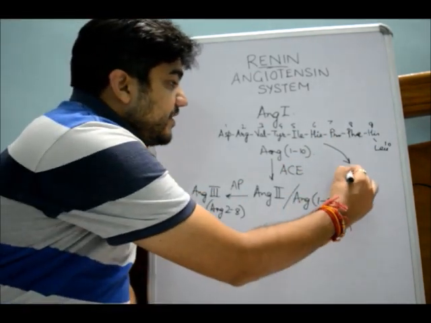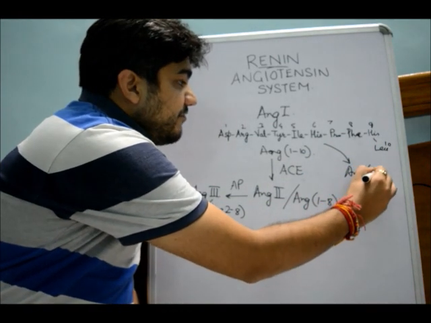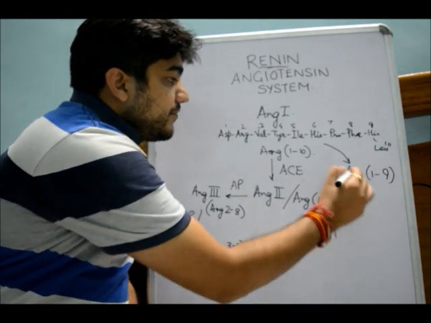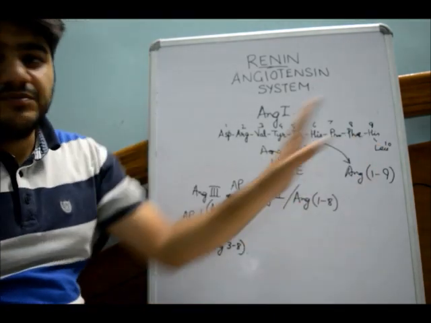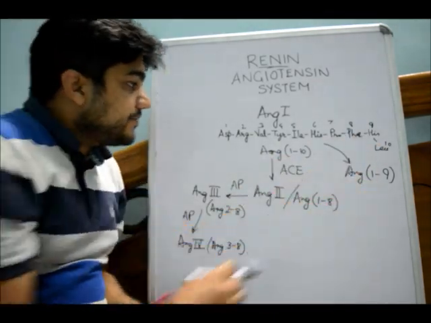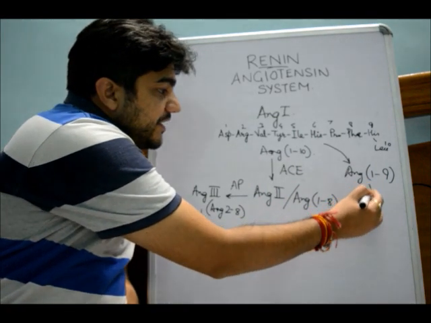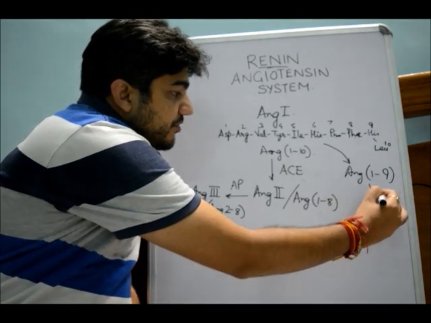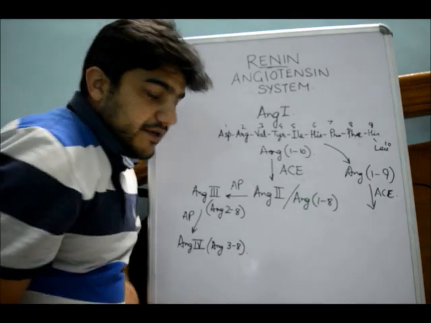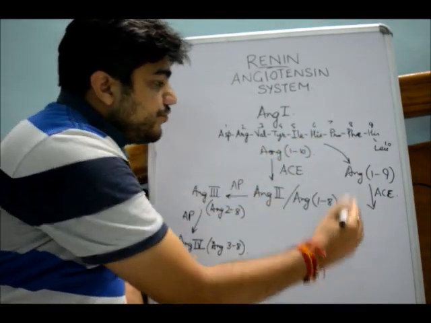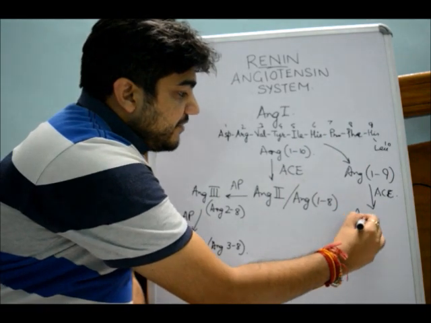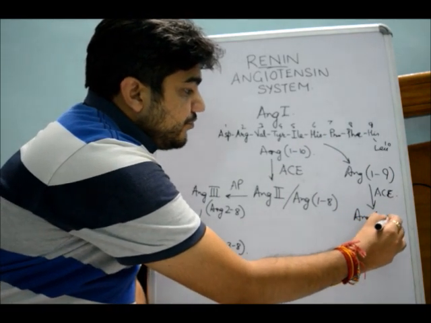That would be called angiotensin 1 to 9, by a single carboxypeptidase, you can call it. And this angiotensin 1 to 9 can again be acted upon by ACE, which will remove 2, so it will become angiotensin 1 to 7.